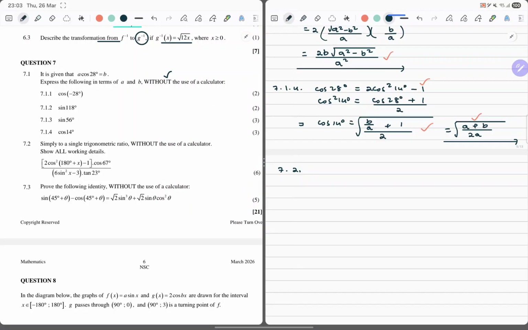Now I need to simplify to a single trigonometric ratio. Guys, I'm not 100%, eh? These days I'm not well at all. I don't know what's wrong with my hip, but it's killing me. And this thing keeps on happening every year. So I'm not sure what is happening.